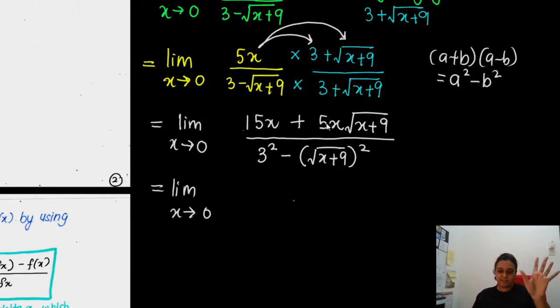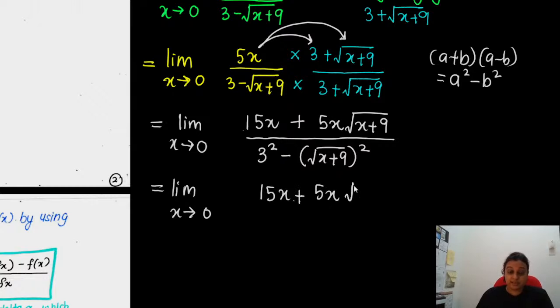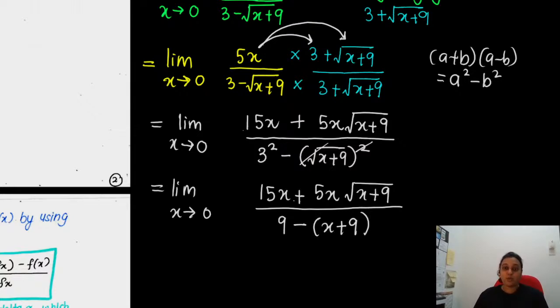At the top, wait first, there's nothing you can solve yet. Just copy back 15x plus 5x times the square root of x plus 9. For the bottom one, we get 3 square, which is 9. Then 9 minus x plus 9. If you open up the bracket, be careful.